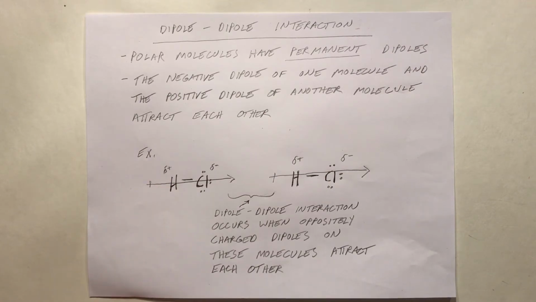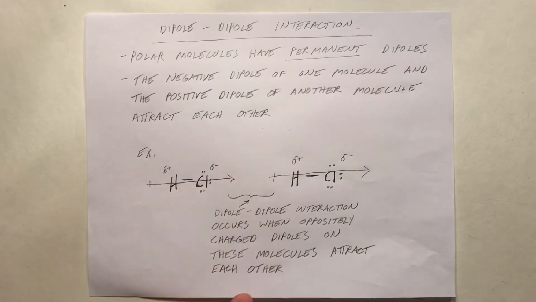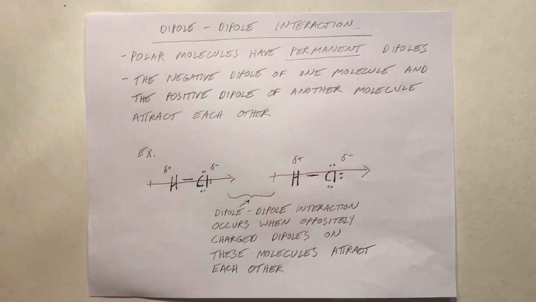Now, because this is an asymmetrical molecule, or an unbalanced shape, and because it has a polar bond, we can say that the molecule itself has polarity. The polarity of the molecule is indicated with this arrow. It points to the negative dipole of the molecule, with a plus sign on the tail of the arrow indicating the positive dipole of the molecule.